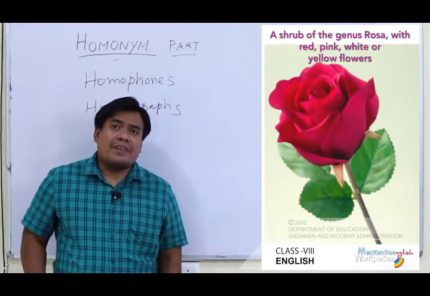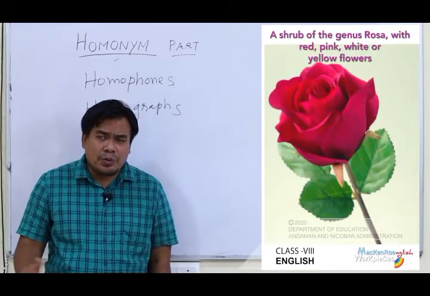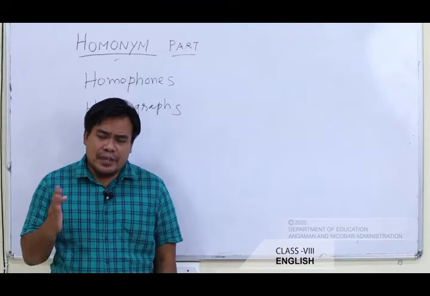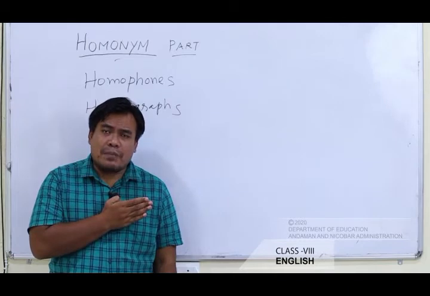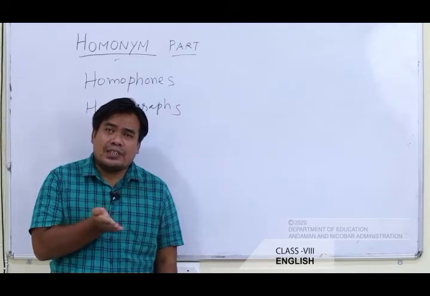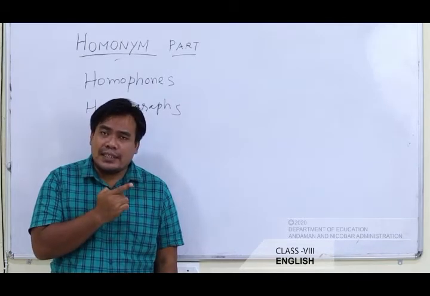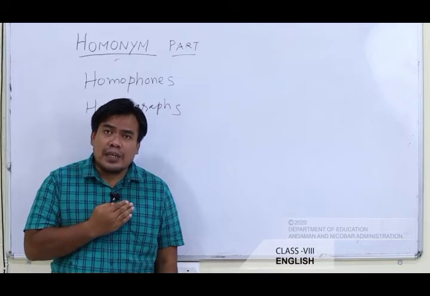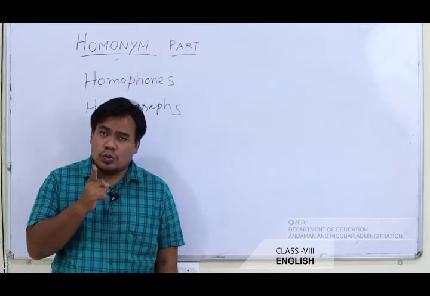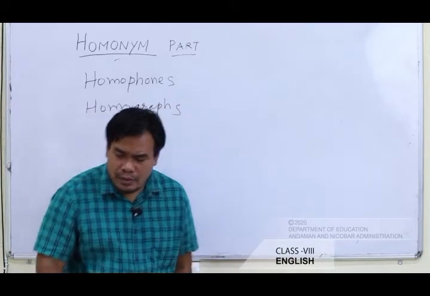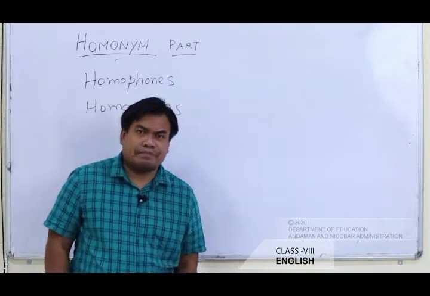So a flower's name is called rose. So here, R-O-S-E, rose, with the other rose that I was talking about. What was that? The past tense of rise, R-O-S-E. They have the same spelling, same sound, but different meaning. So those are homonyms. Move on to the next one.